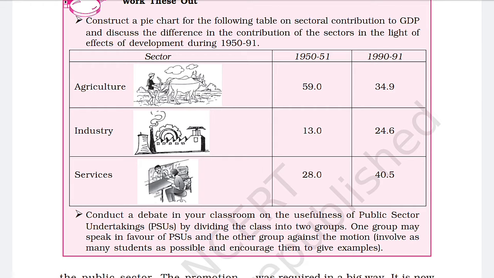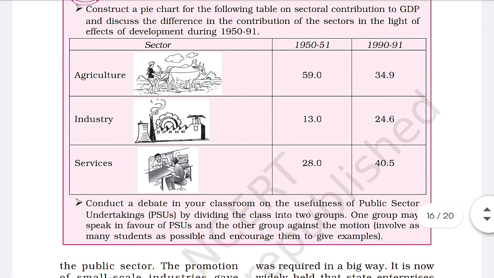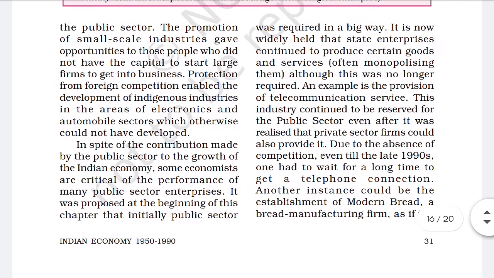There was a decline in the share of conventional items, such as food grains, jute, tea, minerals, etc. These are the conventional items which were exported before independence as raw material. But after independence, there was a subsequent decline in the export of conventional items. So this is the way in which India is exporting its goods.